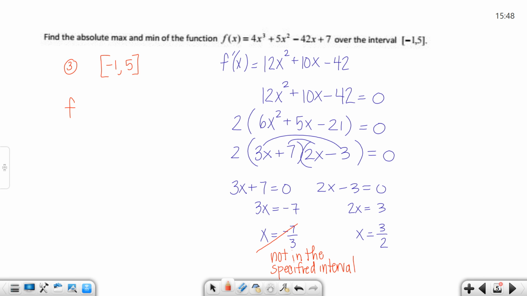So what we have to do next is find f of 3/2 because that's our critical number that's in that interval. We also have to look at the endpoints, f of -1, and we have to find the endpoint f of 5 as well. Now when we're plugging these values in, you'll notice that we are plugging them into the original function.